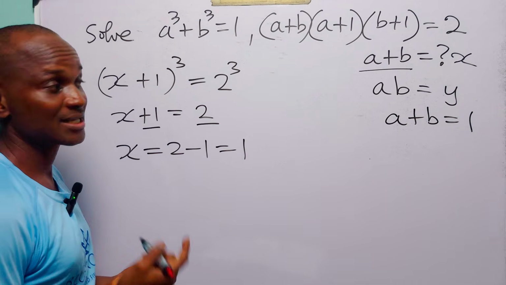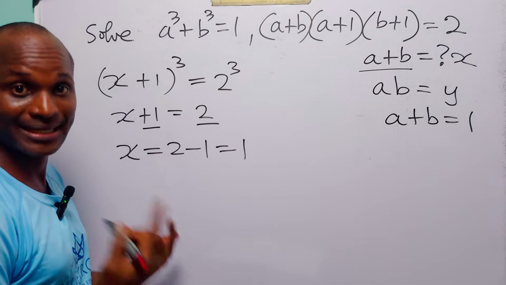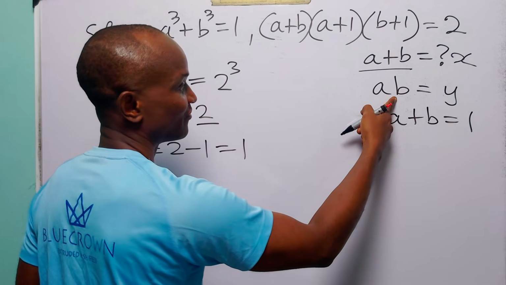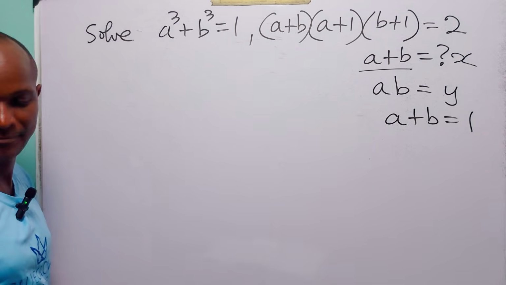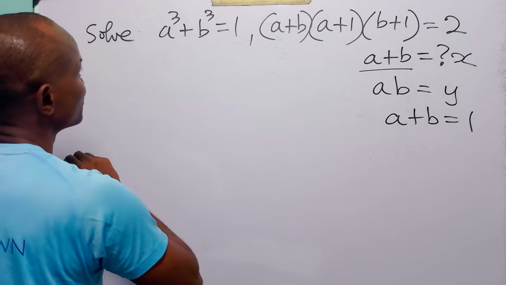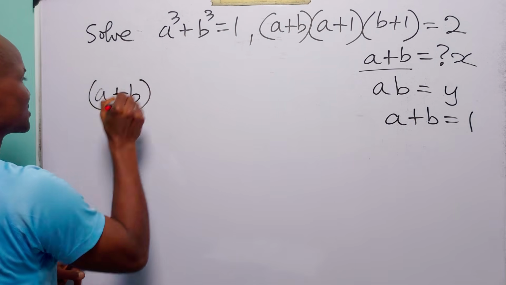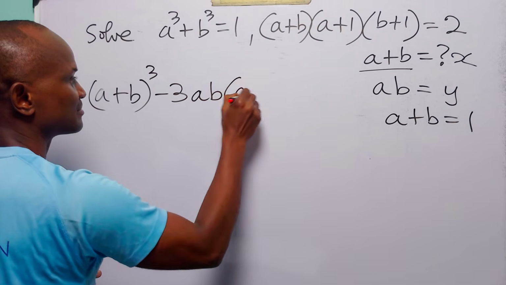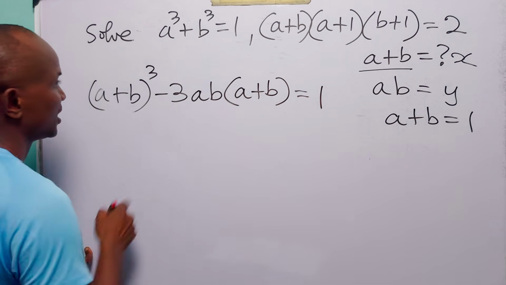Now, for the fun of it, let us find the actual values of a and b. Of course, to do that, first of all, we find the value of a times b. Now, from this first equation, we have that a plus b cubed minus 3ab times a plus b is equal to 1.